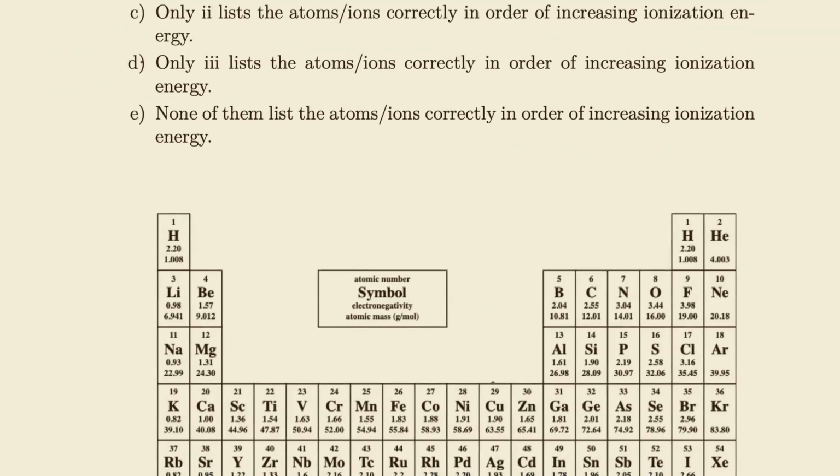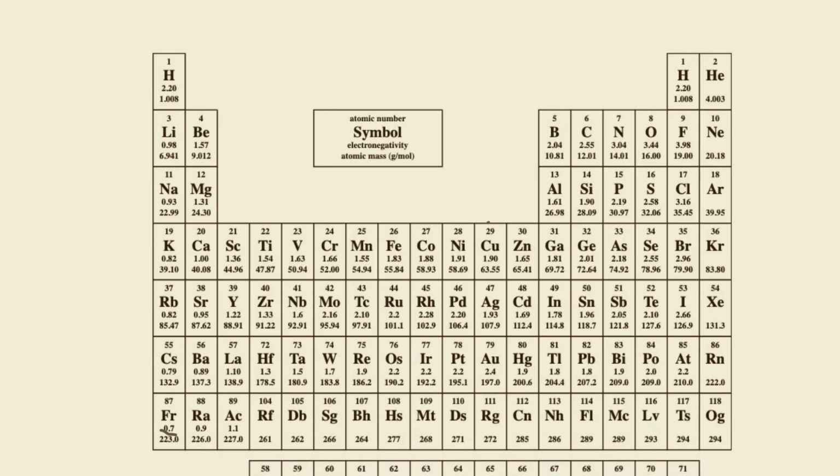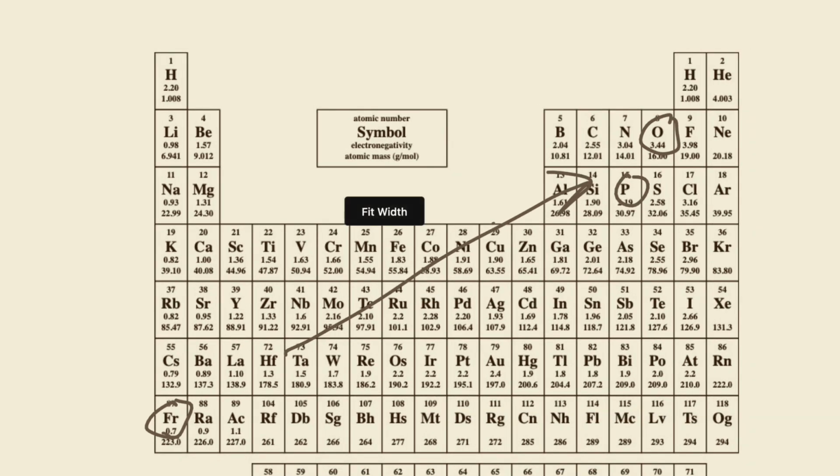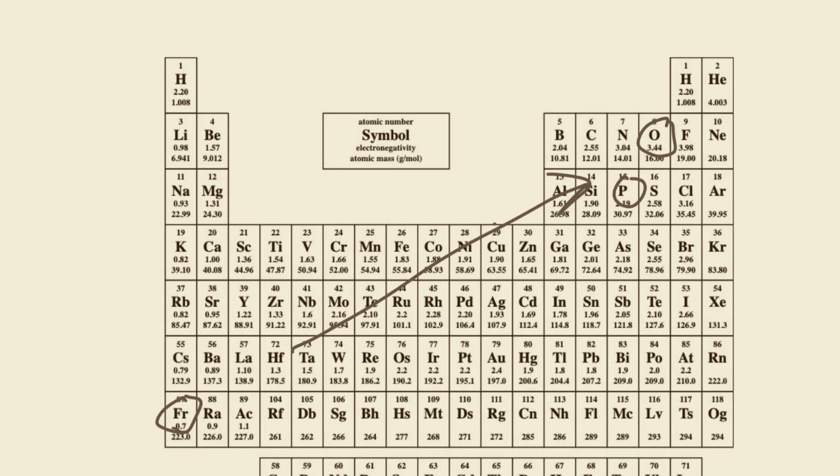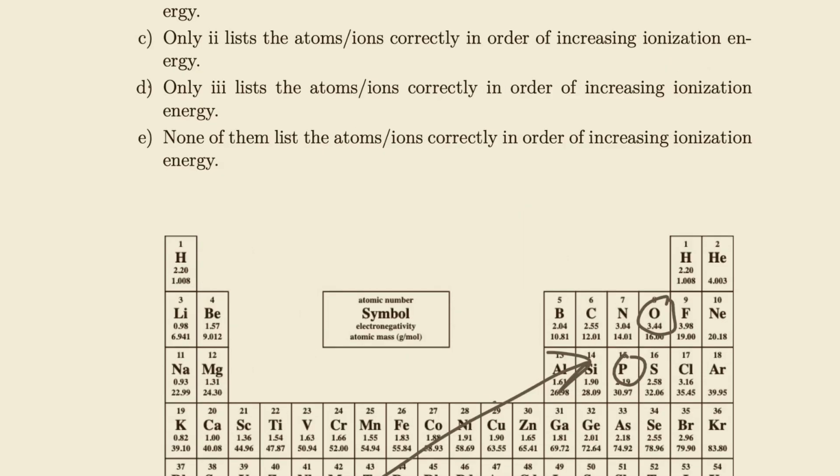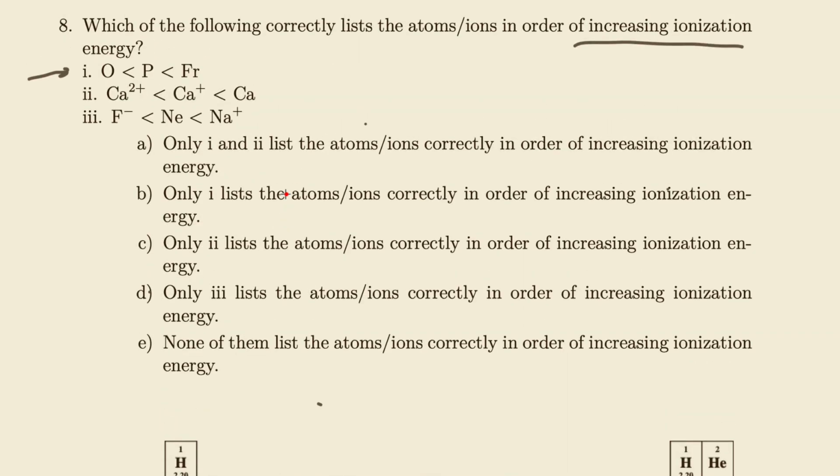Now, if we look at the periodic table, we have oxygen, phosphorus, and francium. As you go up and to the right, ionization energy increases. And so in that list, oxygen should have the highest ionization energy, and francium should have the lowest. But it's written backwards. And so II is wrong.